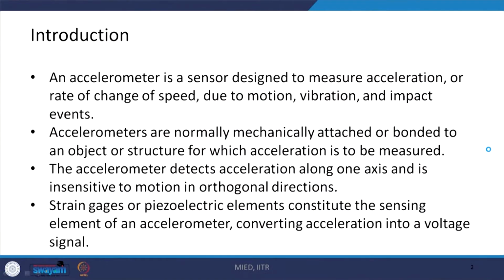Now, these accelerometers detect acceleration along one axis and they are insensitive to motion in the orthogonal direction. Strain gauges or piezoelectric elements constitute the sensing element of an accelerometer, which senses the acceleration.